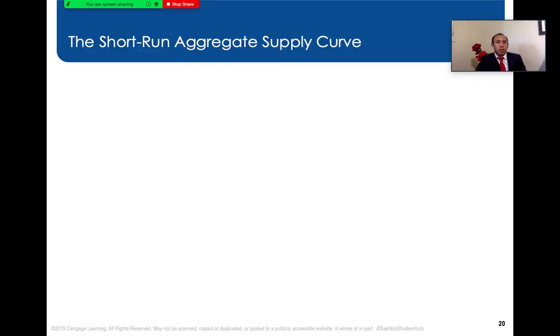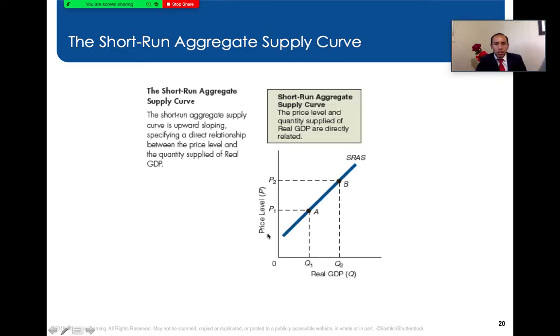Now, the short-run aggregate supply curve here is illustrated as an upward sloping supply curve. We have a direct relationship with the price level, and also the input price level of goods and services. So we have the price level, which is P1 and P2. At P1, point A, the real GDP is Q1.